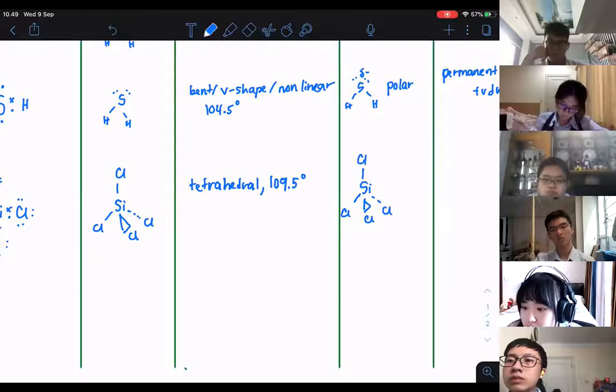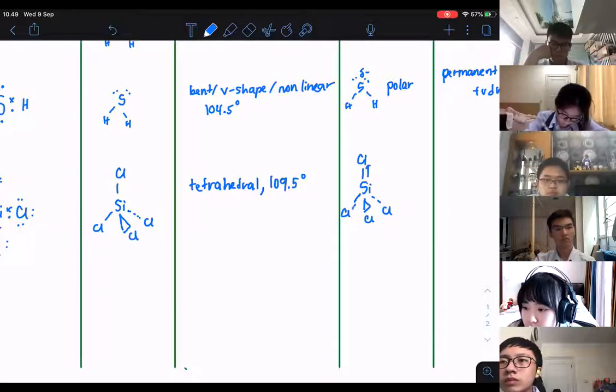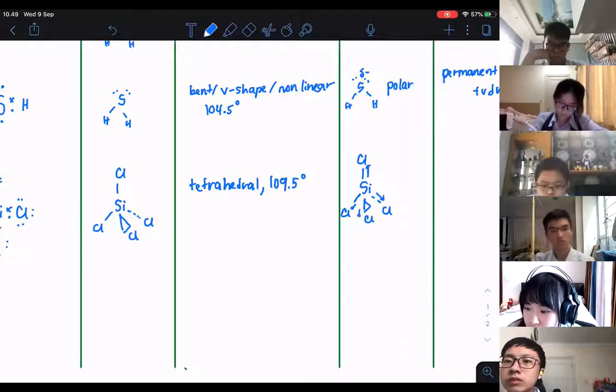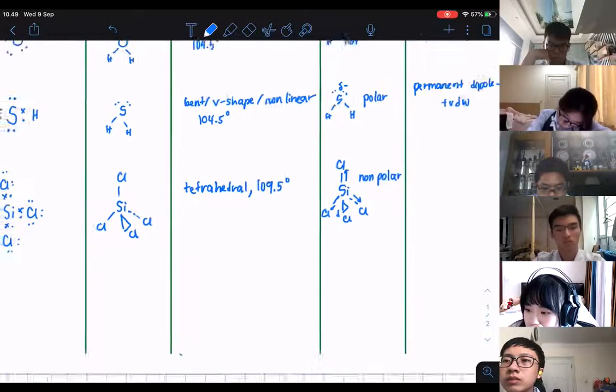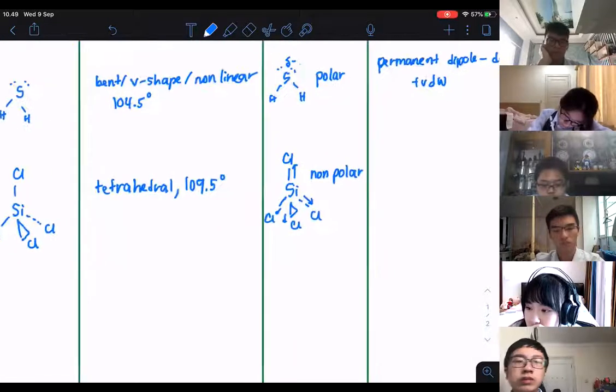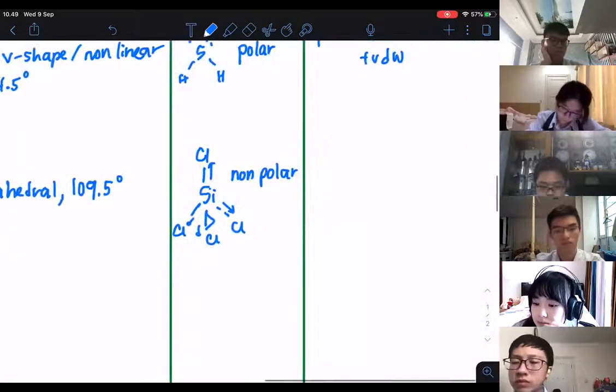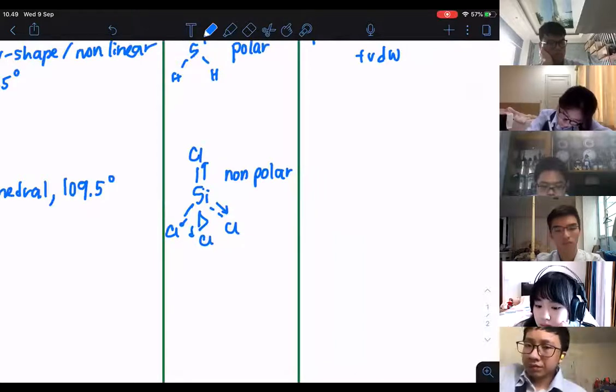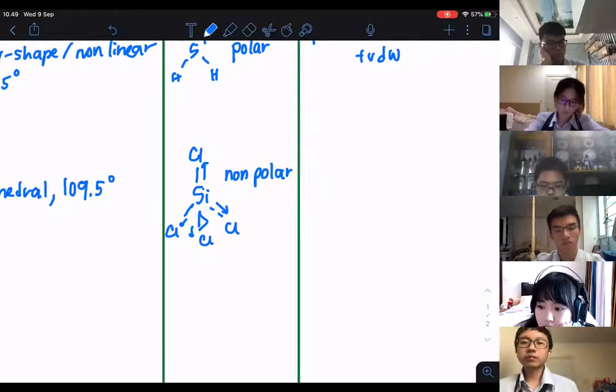If you compare silicon and Cl, Cl is more electronegative. They will pull this side. But because it's symmetrical, the dipole moments will cancel each other out. So it will become non-polar. So SiCl4 is a non-polar molecule. Michelle V, can you tell me what is the prominent intermolecular force for this? Van der Waals. Yeah, van der Waals.